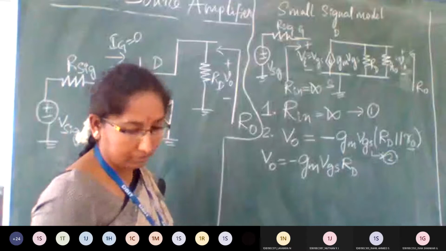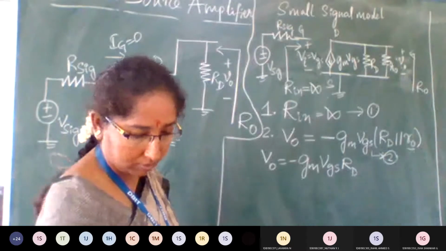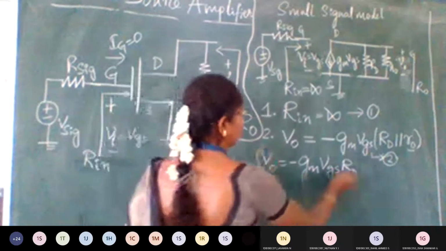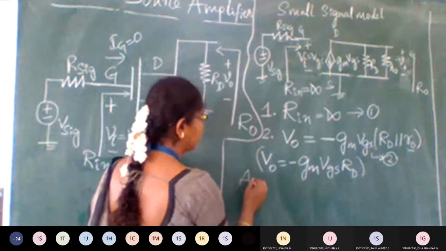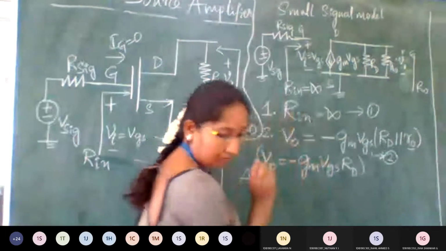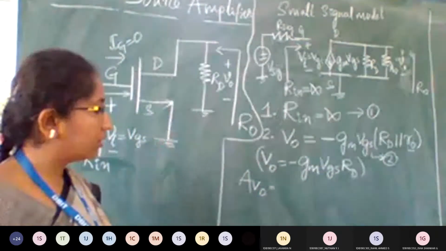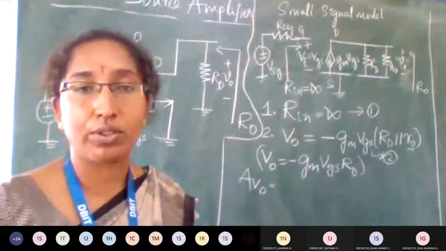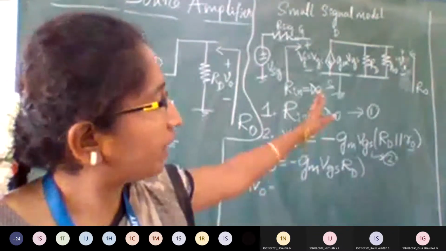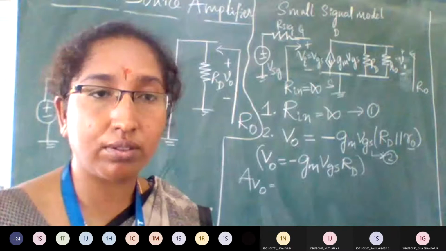So next, we'll find out Av0. Is it whether I've included a load resistor in the circuit?